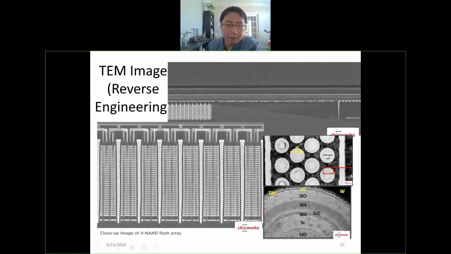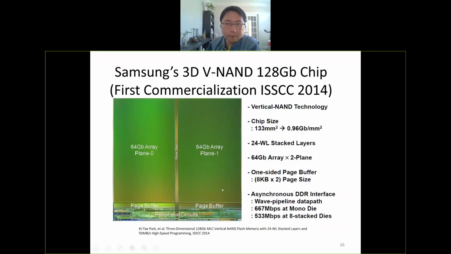And you see so many layers here. And here is one string of the NAND string. Also, this is the first chip from Samsung in 2014, the first 3D NAND commercial chip, and at that time it was 24 layers.